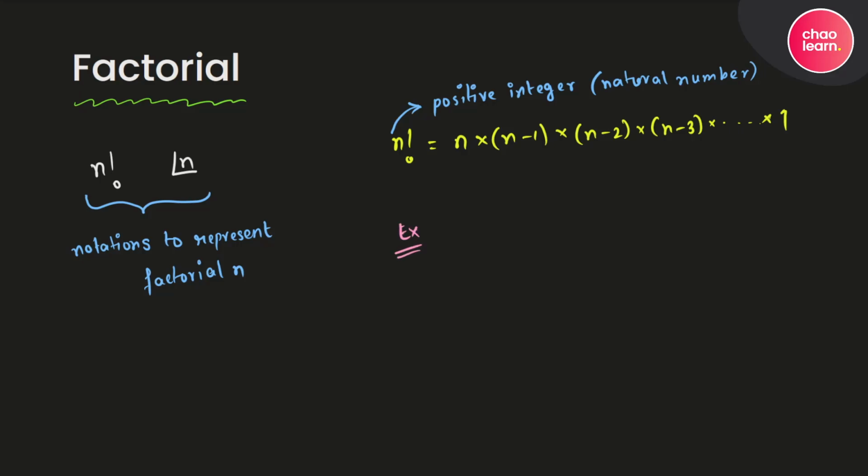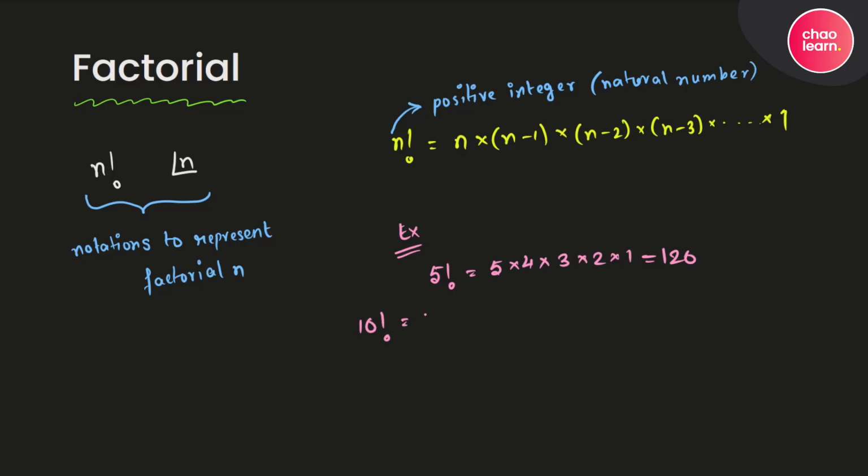Let's say we have factorial 5. Factorial 5 we can write as 5 multiplied by 4 multiplied by 3 multiplied by 2 multiplied by 1. So we are going on decreasing 1 from the preceding number and taking the product till we get 1. It comes out to be 120. Let's take a bigger number. Let's take factorial 10.